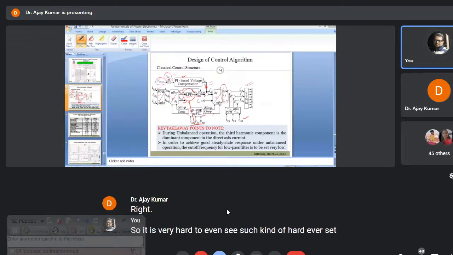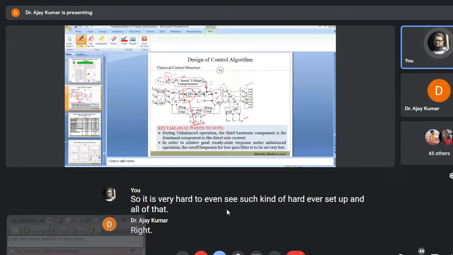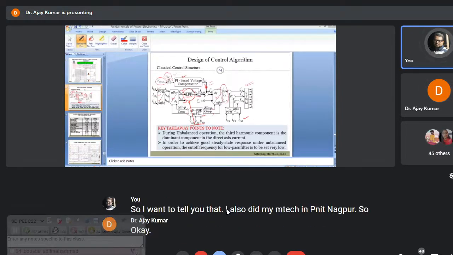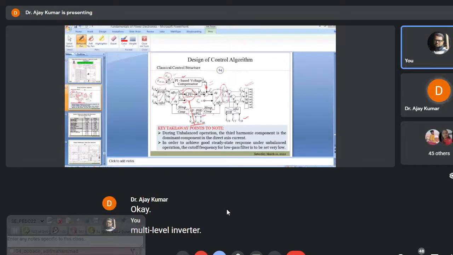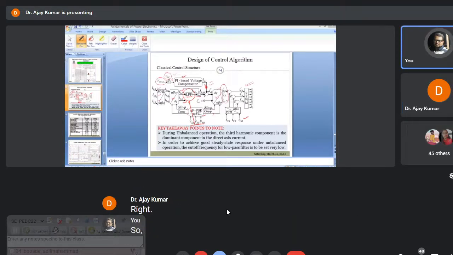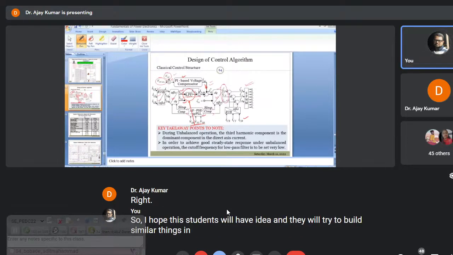I also did my MTech at VNIT Nagpur, and I also built a 5-level multi-level inverter, but I didn't do grid integration; I was in the drives part. I hope the students will have an idea and will try to build similar things in their student career.